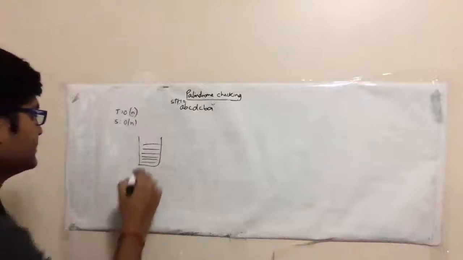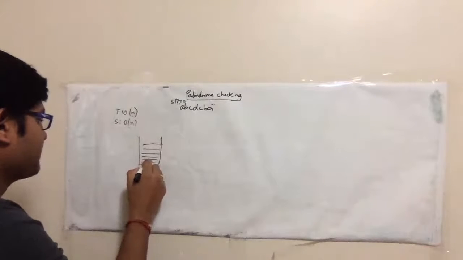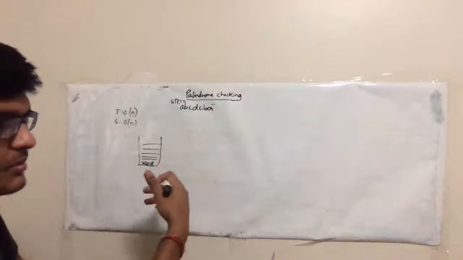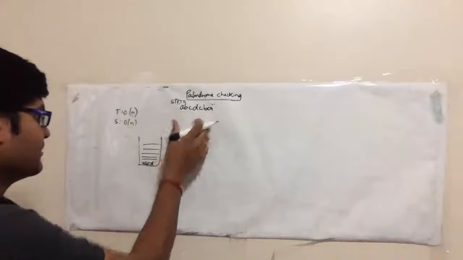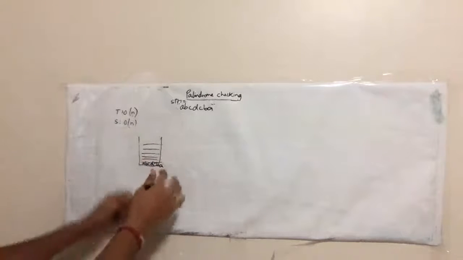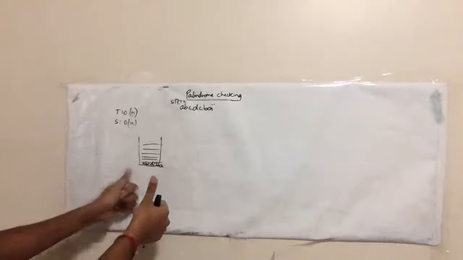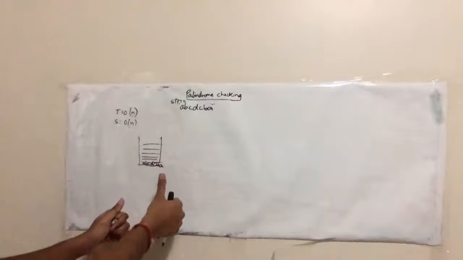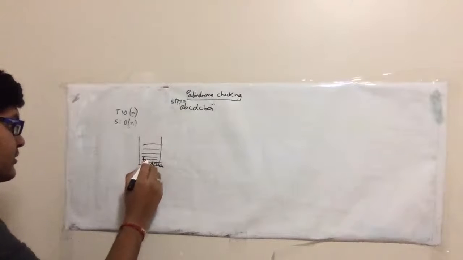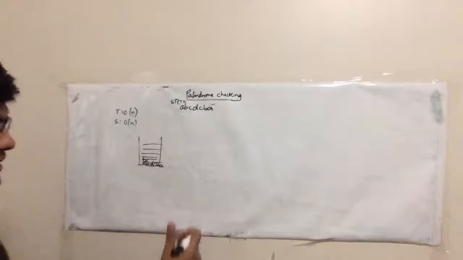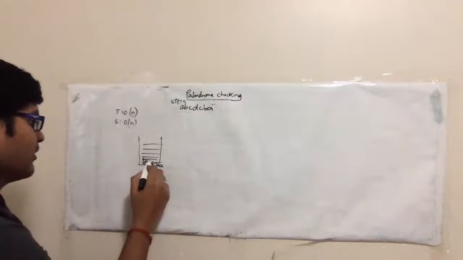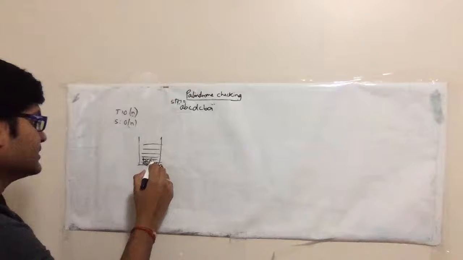Say a palindrome check has been made for this given string a b c d c b a, and on top of it, after checking the first and last characters, it needs to check by removing those characters. So there will be a top function call on b c d c b.